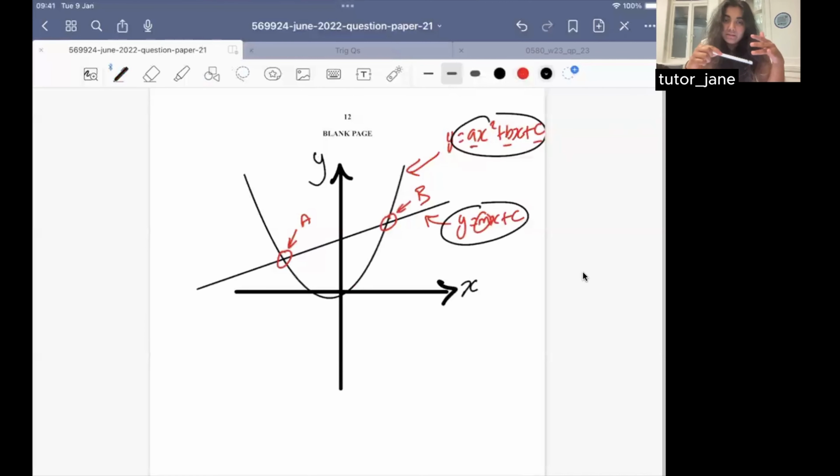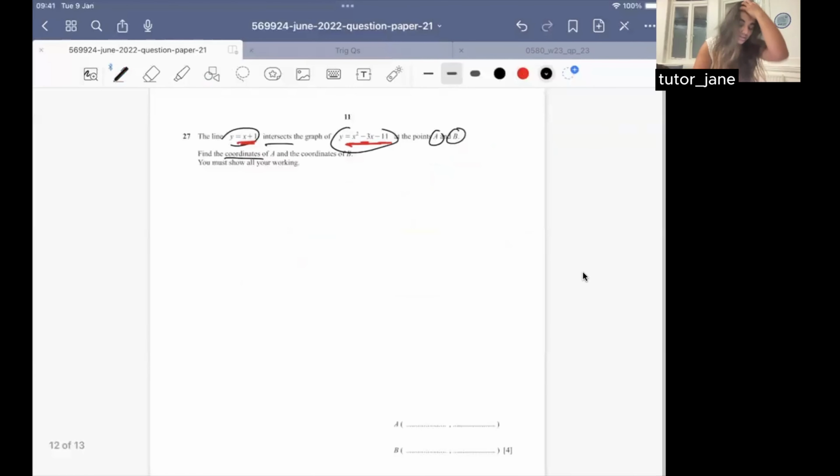Because when we make these two graphs equal each other, we can then solve for x, and that will tell us the x coordinates of the points of intersection. So again, all we have to do is take these two equations, make them equal each other, and solve for x to work out the x coordinates. So that is what I did here. So can we make these two graphs equal?